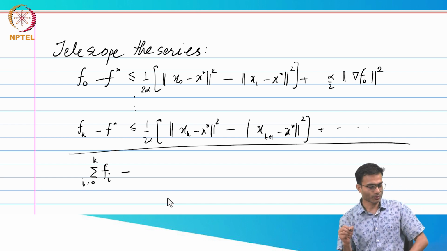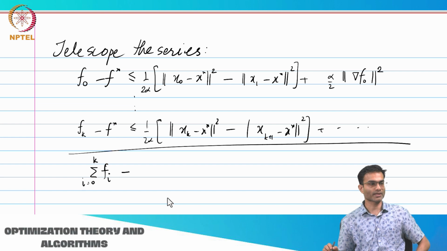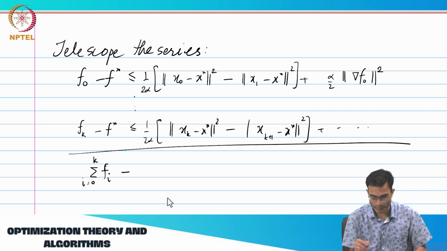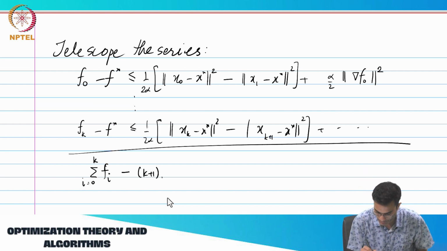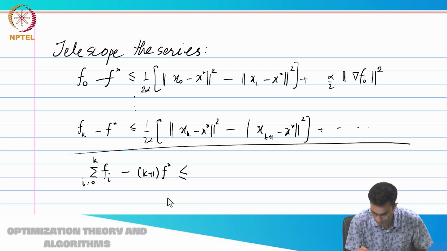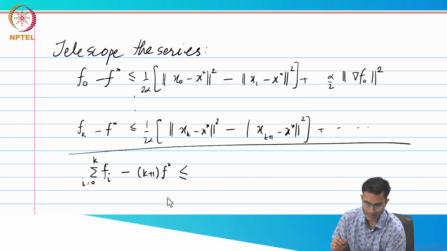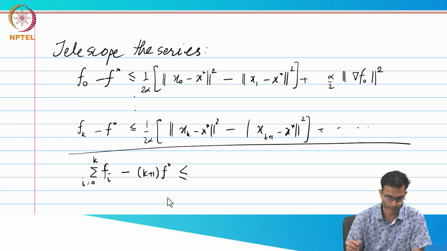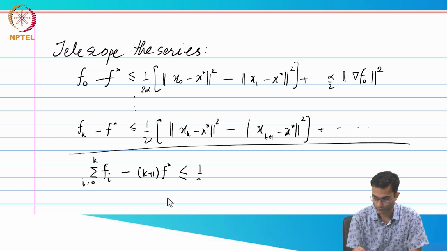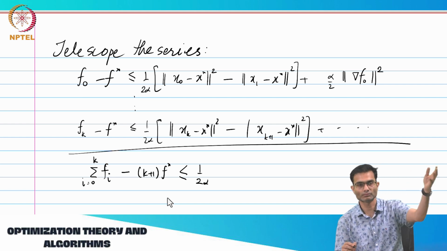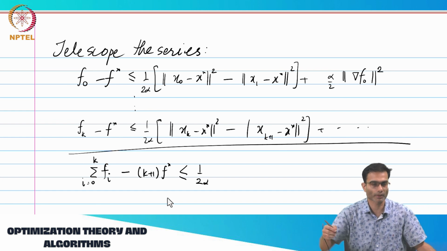And what else do I have? How many times has this guy come? k plus 1 times. Okay, so k plus 1 times f of x star. What is left over here? 1 by 2 alpha. The first term and the last term. Those are the guys that don't cancel off.